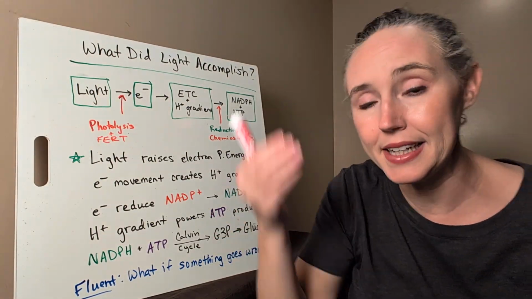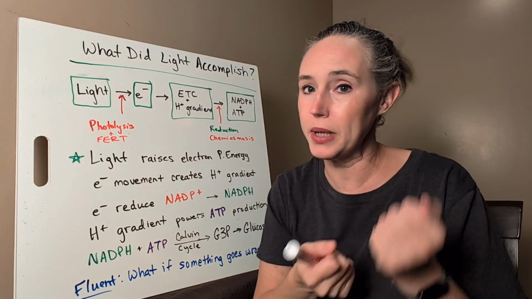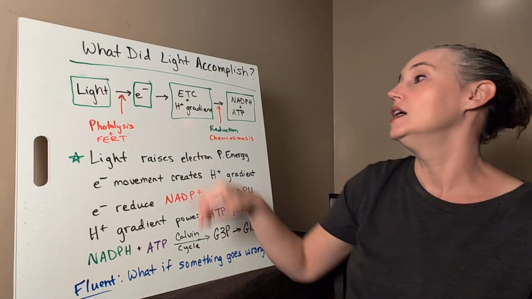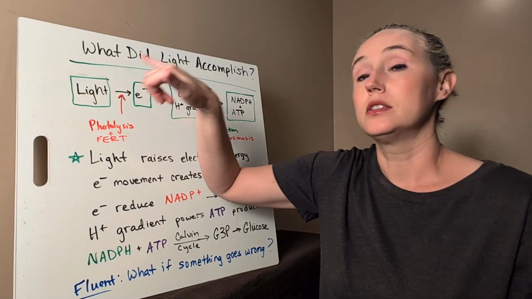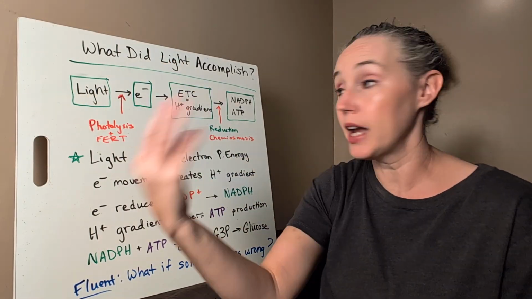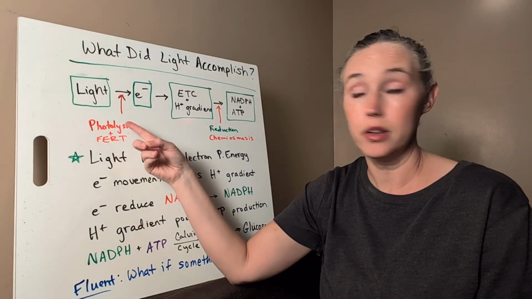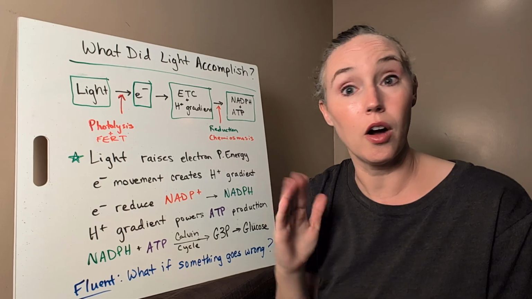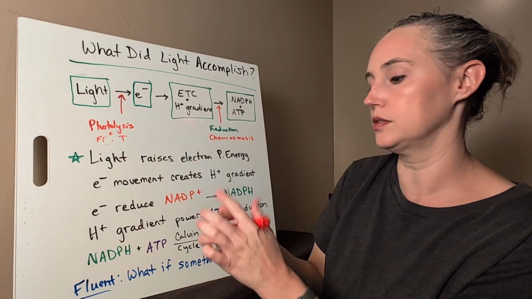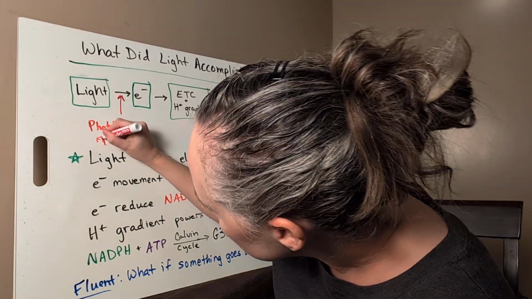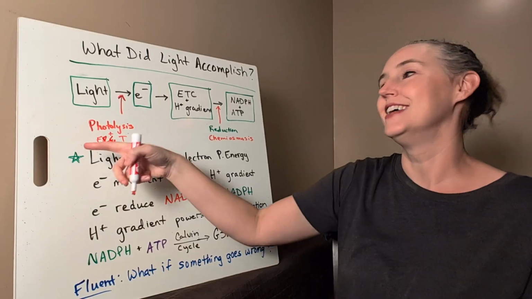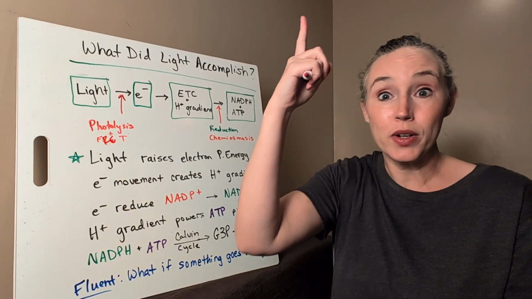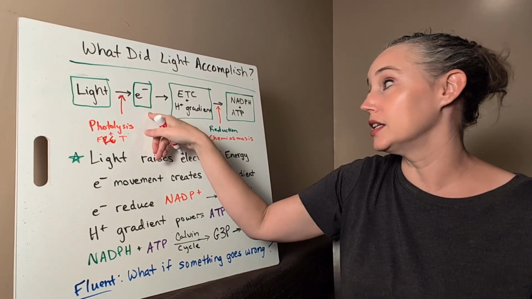So what did light accomplish? We're wrapping it all up here, right? Light took our electrons that originally came from the photolysis of water, and with our friend FRET, not fert, FRET, increase the potential energy of electrons.